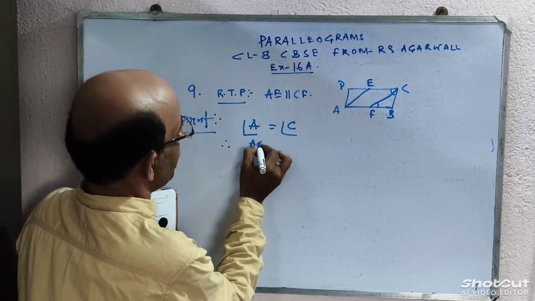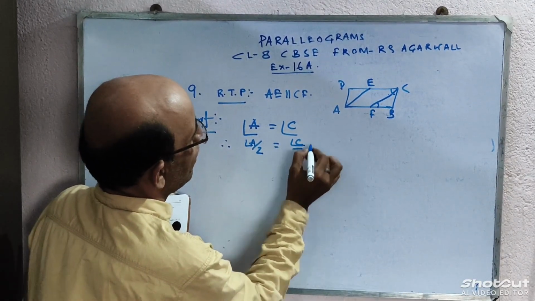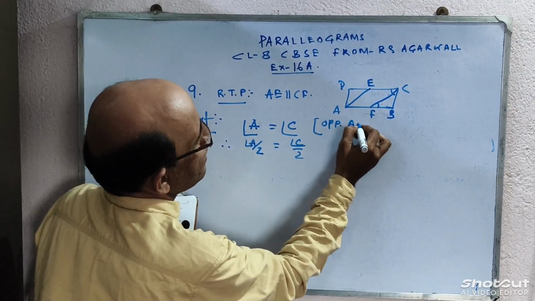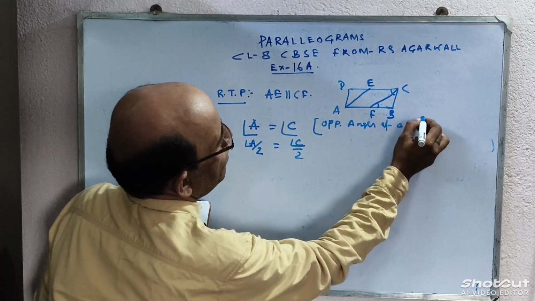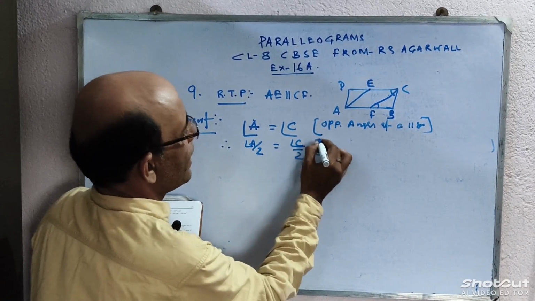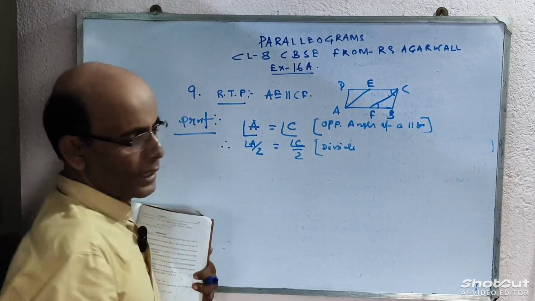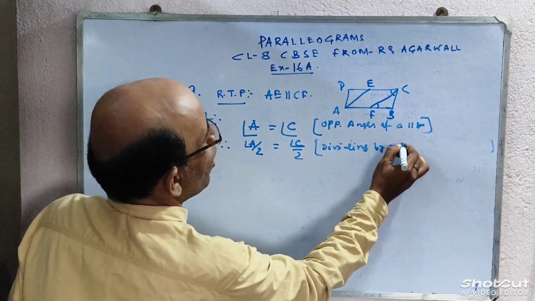Therefore, half of angle A is equal to half of angle C. Reason: dividing by 2 on both sides, because these are bisectors.